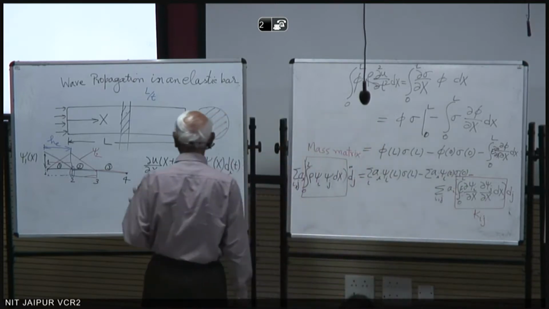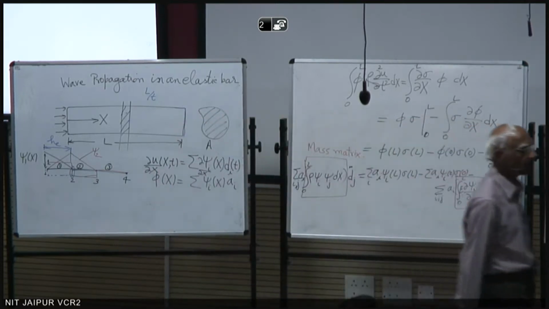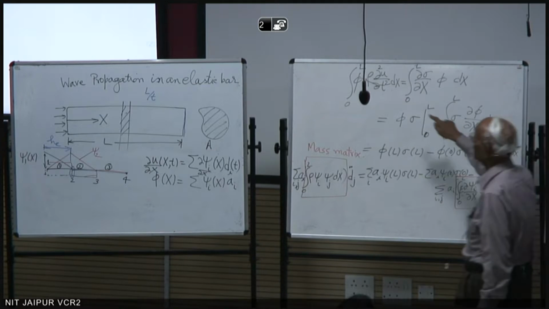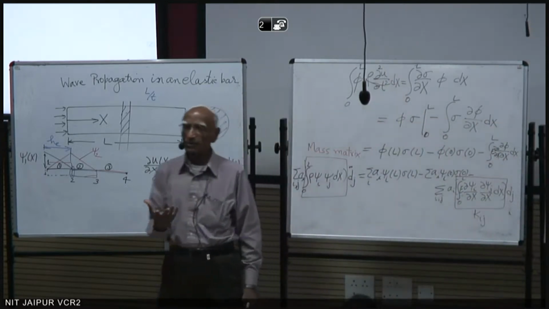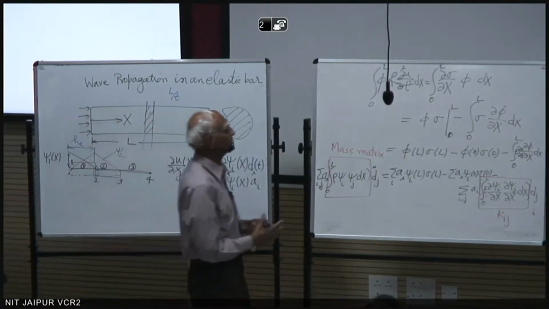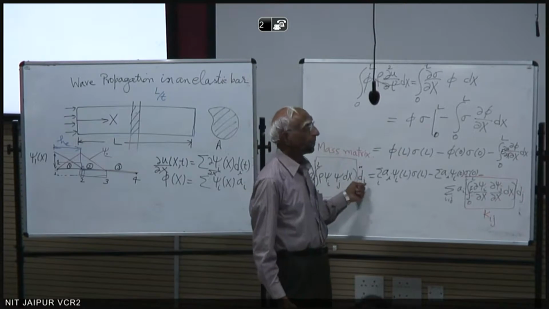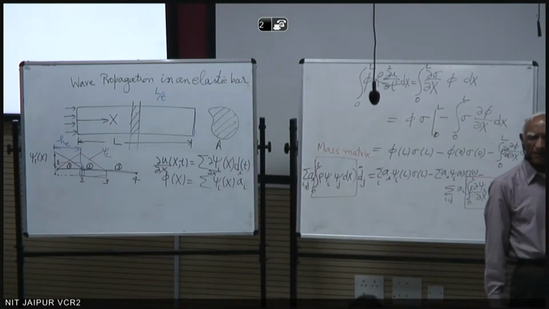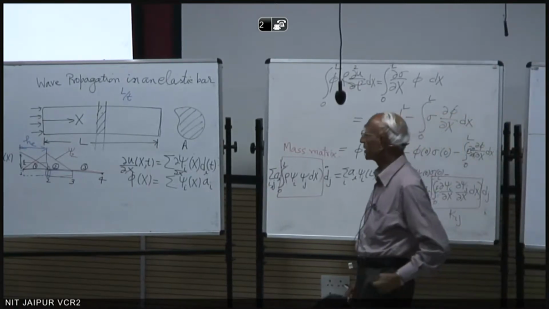Also, we had initial conditions, which we need to translate. We had initial velocity given and initial displacement given on U. We need to translate those into conditions on the D's.